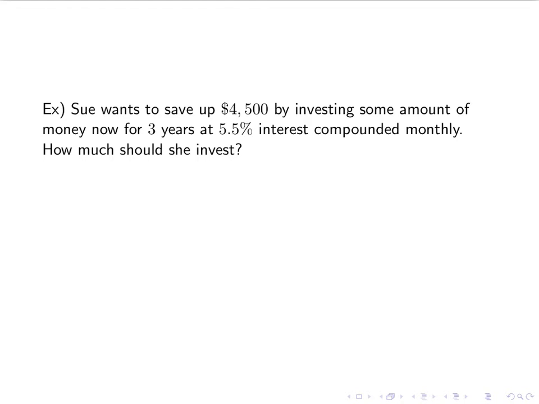Sue wants to save up $4,500 by investing some amount of money now for 3 years at 5.5% interest compounded monthly. How much should she invest? So again, I'm looking for how much she should invest. I'm looking for P. She wants to have this amount in the future, so that must be S. R is 5.5%, move the decimal twice, that's 0.055.